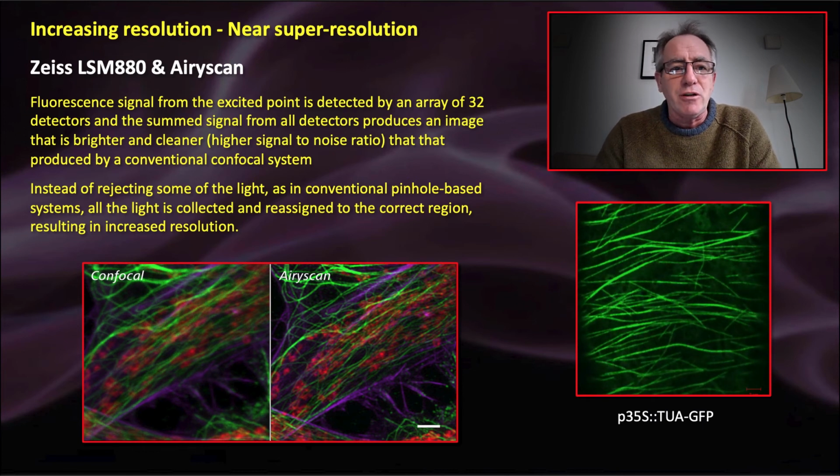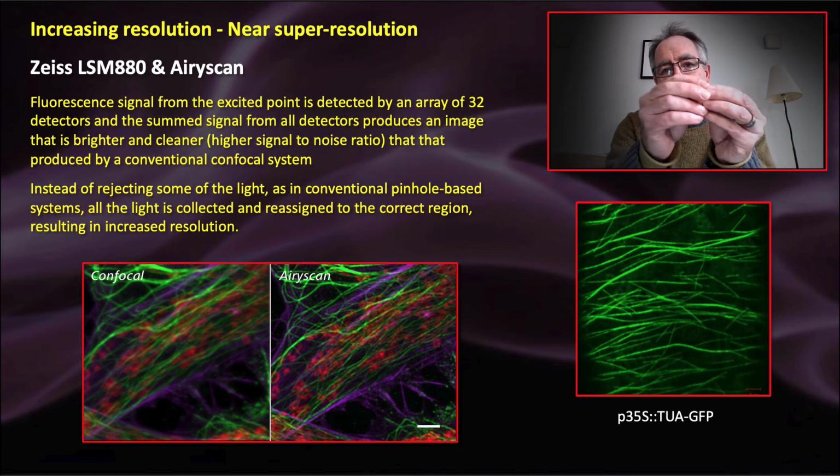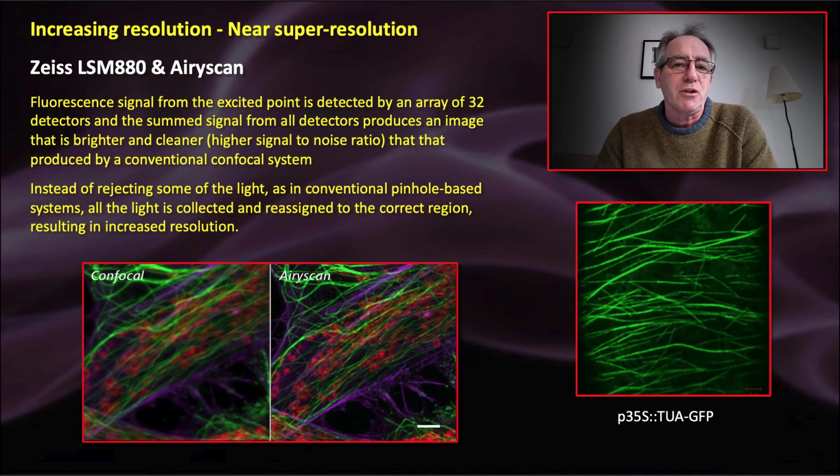So Airyscan uses 32 detectors, sums the signal from all detectors, and produces an image that's brighter and cleaner than that from a normal or conventional confocal microscope. So instead of rejecting some of the light, as in a conventional pinhole-based system, all of the light is collected, and then the diffracted light is reassigned back to the point where it came from, which gives that nice, bright, clear image that I'm talking about.